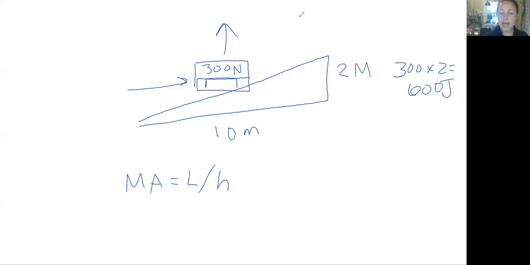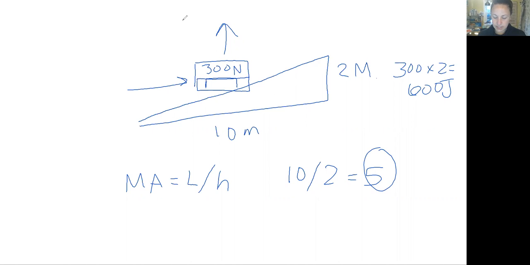So if you have the length of your plane divided by the height of the plane, 10 divided by 2 equals 5. And that's where they're getting the 5 from. So it has an ideal mechanical advantage of 5.